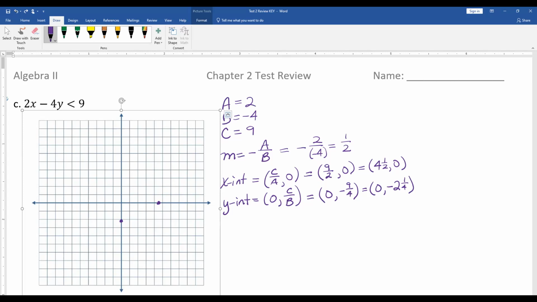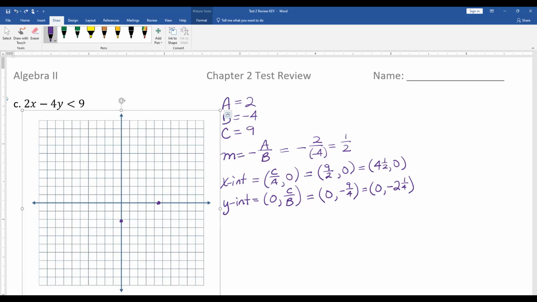What kind of line do we draw here? It is a straight line, but it's a dashed line. Yes. Why is it a dashed line? Because we have an inequality, and so our solution is not included in our answer. It's just everything less than our solution.